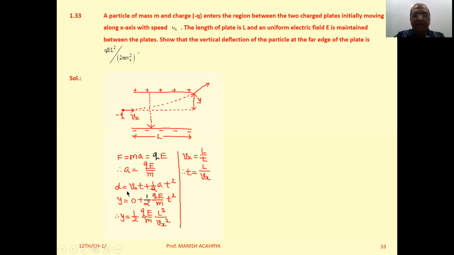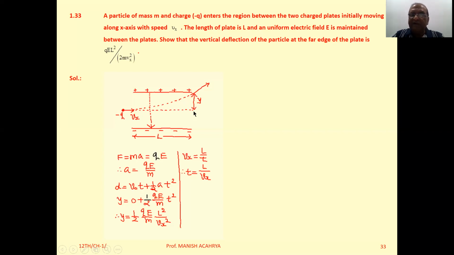So here we can use the equation d equal to v0t plus half at square. Now when it entered the field, at that time its initial velocity is in x direction. So its vertical component is 0. So velocity in vertical direction is 0. So v0 is taken 0.